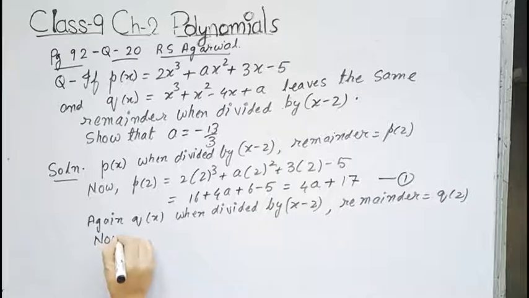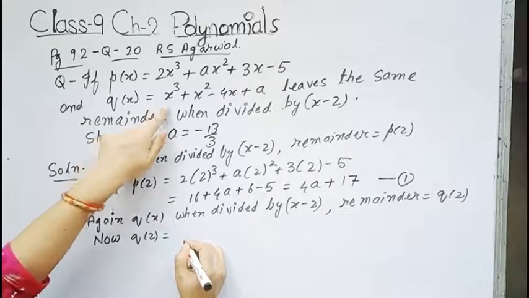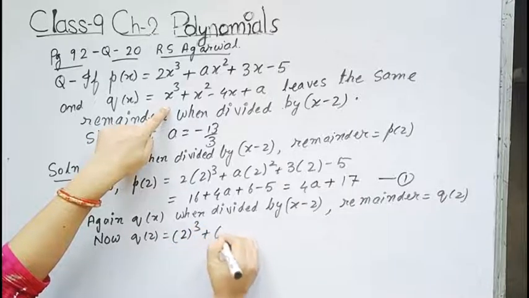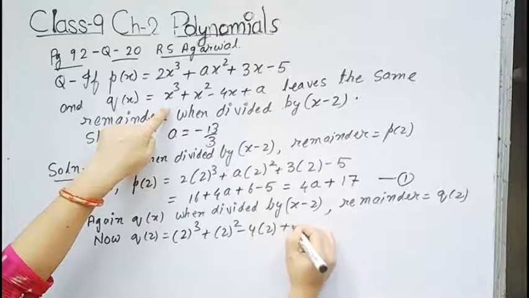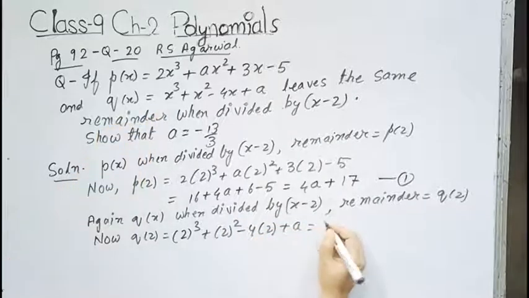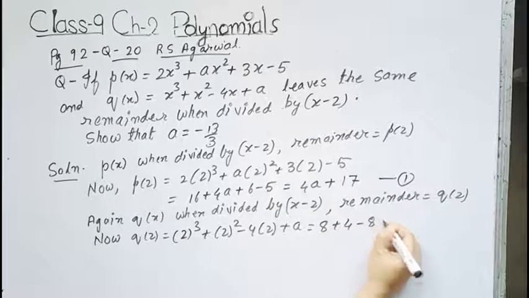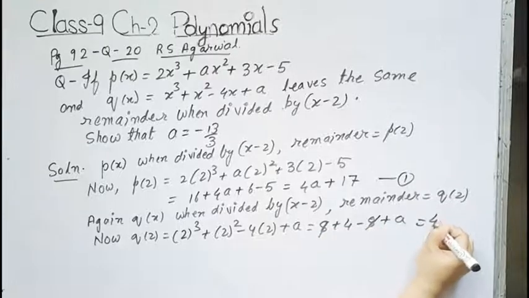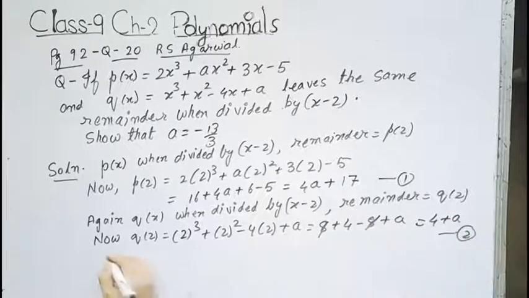Now q(2) will be equal to 2 cube plus 2 square minus 4 into 2 plus a. This will be equal to 8 plus 4 minus 8 plus a. So this will be equal to 4 plus a. Let us make it equation number 2.